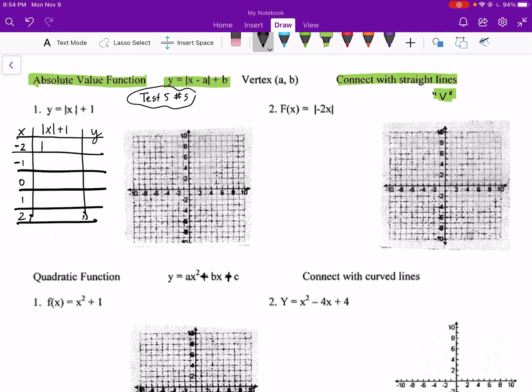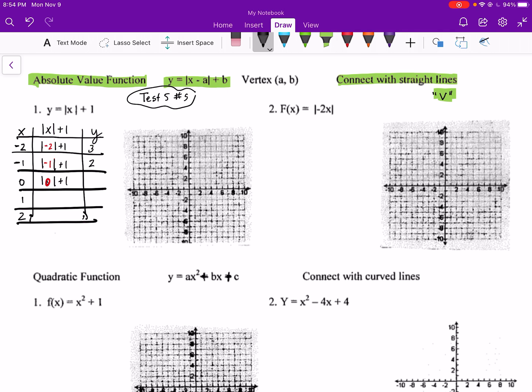So I take my equation, absolute value, and then I'm going to put in, instead of x, I'm going to replace that with a -2, and then plus 1. So the absolute value of -2 is 2, 2 plus 1 is 3. Next one, absolute value of -1 plus 1. Absolute value of -1 is 1, 1 plus 1 is 2. Now we have the absolute value of 0, 0 plus 1.